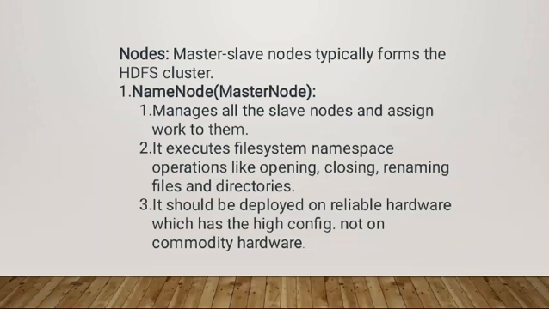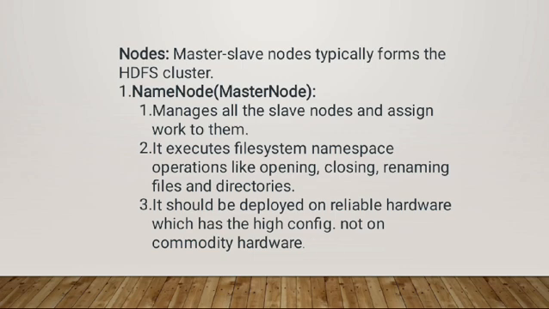Master and slave nodes typically form the Hadoop Distributed File System cluster. The name node manages all slave nodes and assigns work to them. It executes file system namespace operations like opening, closing, and renaming files and directories.